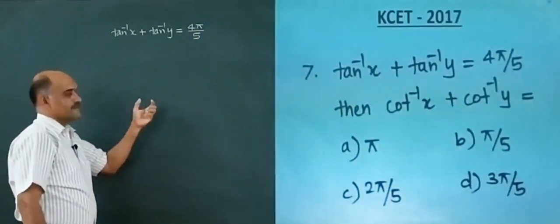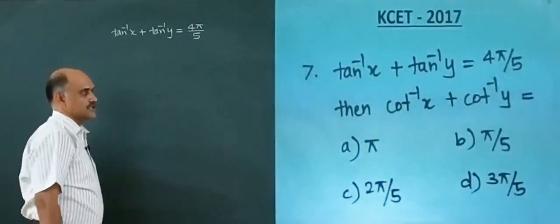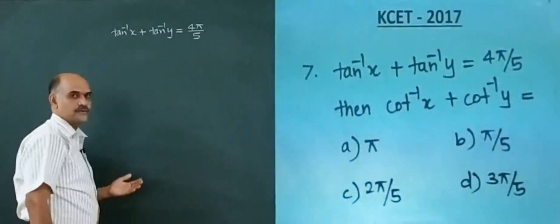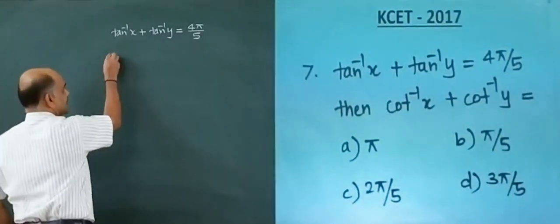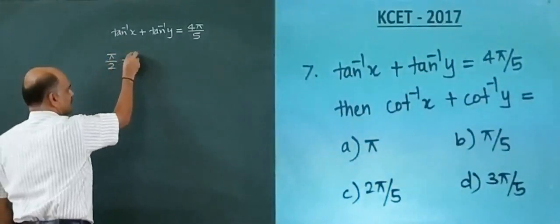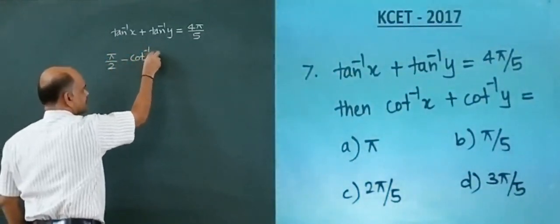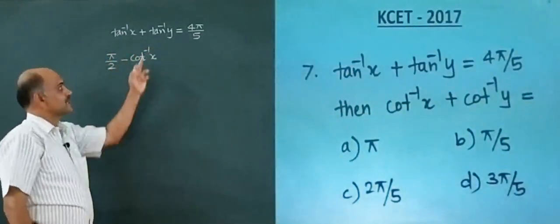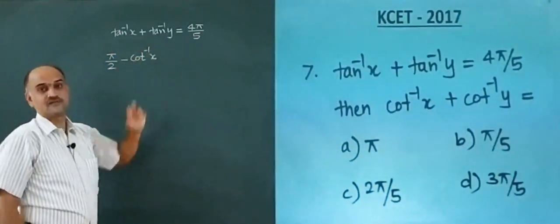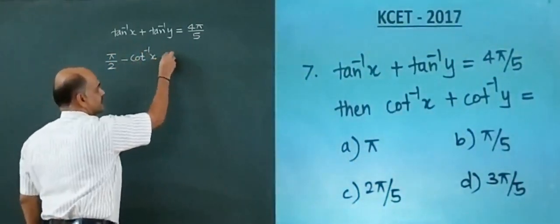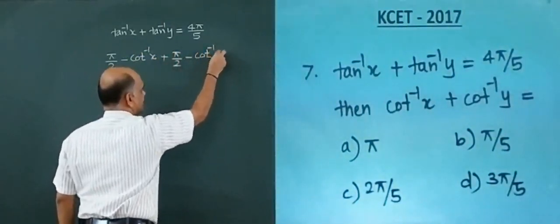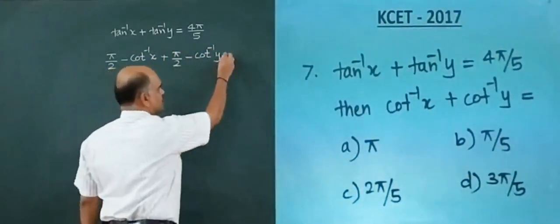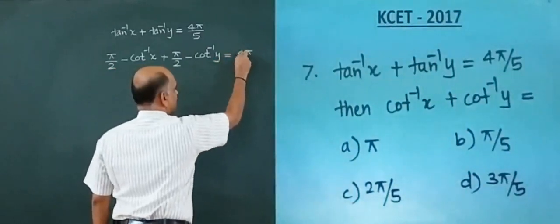In the previous problem we had taken tan inverse x plus cot inverse x is pi by 2. So tan inverse x, I can write it as pi by 2 minus cot inverse x. Similarly, tan inverse y, I can write it as pi by 2 minus cot inverse y, and the sum is equal to 4 pi by 5.